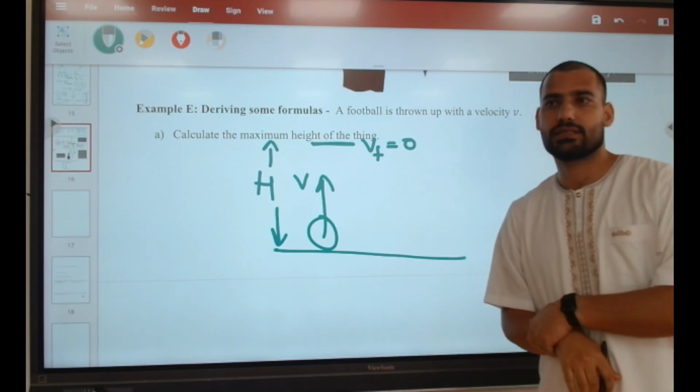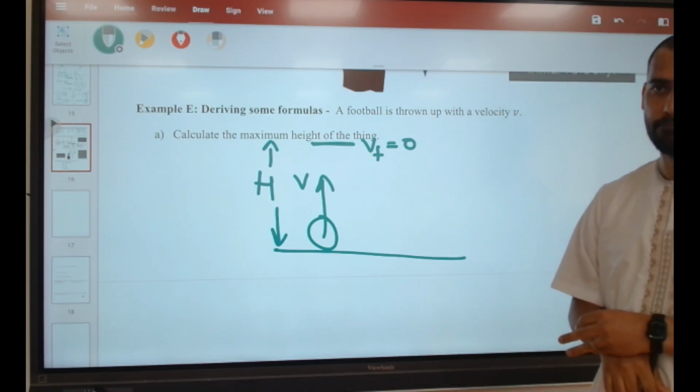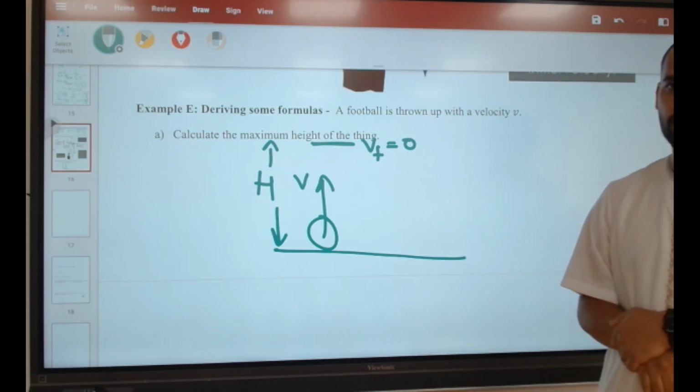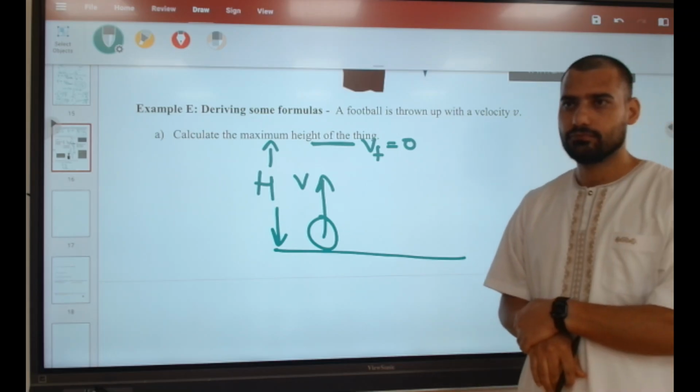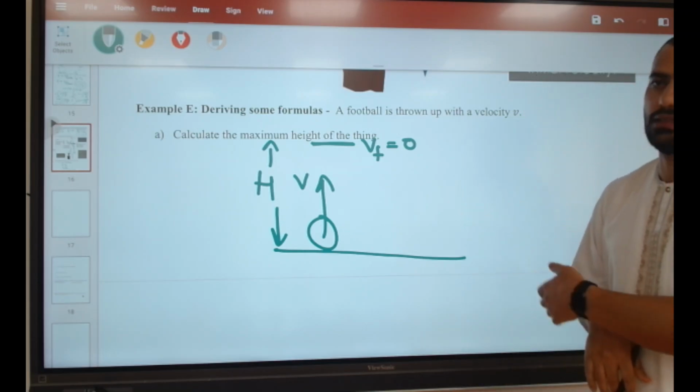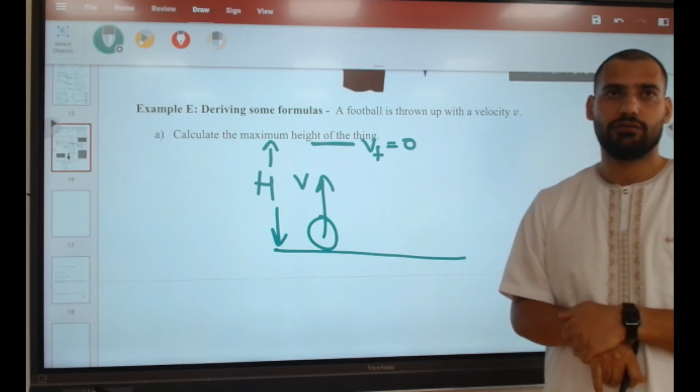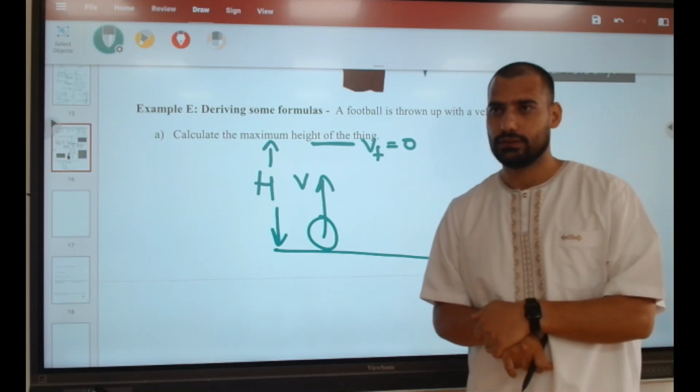Try to solve it. What don't you have? There is an initial velocity. Final velocity is 0.